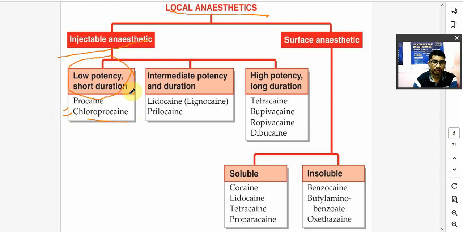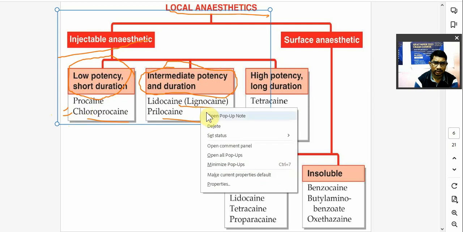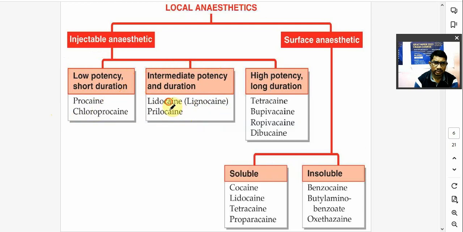Second class होता है intermediate potency and duration. मतलब इनका intermediate potency और intermediate duration होता है. Lidocaine, also known as lignocaine, and then prilocaine. Third class is high potency and long duration of action.